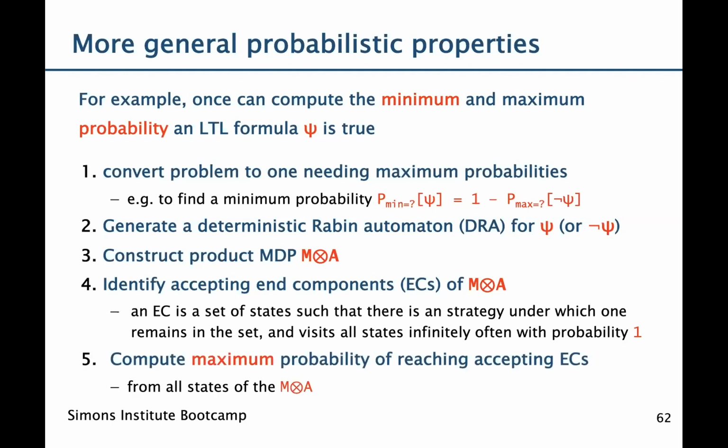Then we can compute the maximum probability of reaching these accepting end components. Okay, so it's just a quick outline of how it works, but the fundamental part is that we need to be able to compute maximum reachability probabilities.